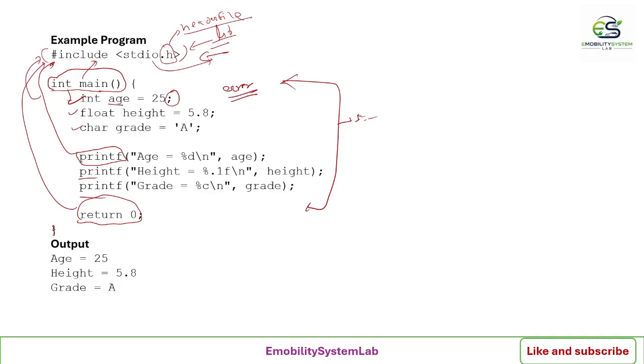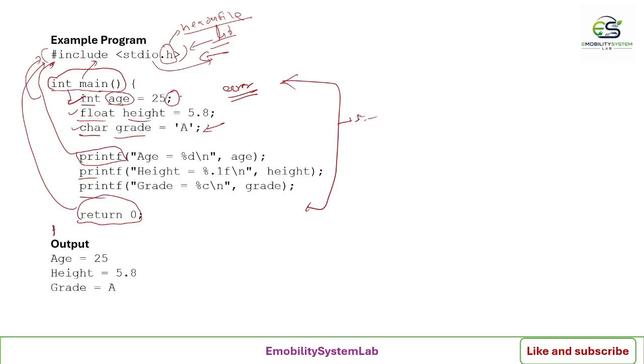And here you are able to see age is a variable, and before the age we are able to see the data type. Height is another variable and float is a data type before the height. So basically the data type before the variable defines what type of data you can store in that particular variable. Suppose here we are using the character data type before the grade variable. So this means you would only store character data in this variable.